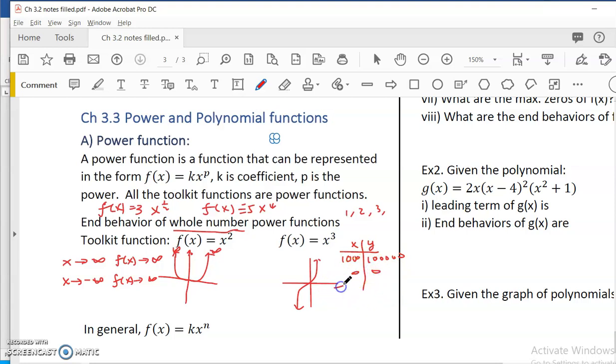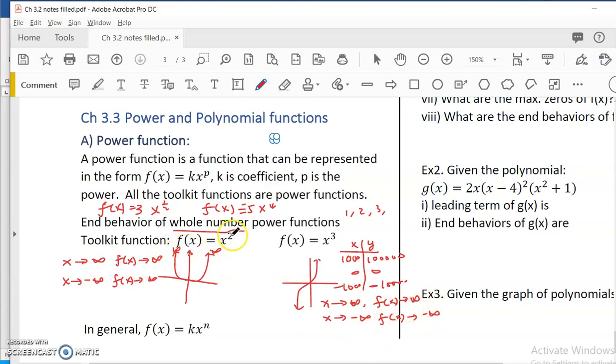But when x is negative, it doesn't go up anymore, because when you cube it, it's still negative, very, very negative. So in general, we describe this phenomenon as: when x approaches infinity, f of x also approaches infinity. But when x approaches negative infinity, f of x is still negative. So x and y go in the same direction in terms of infinity.